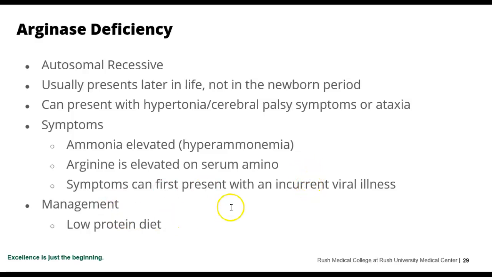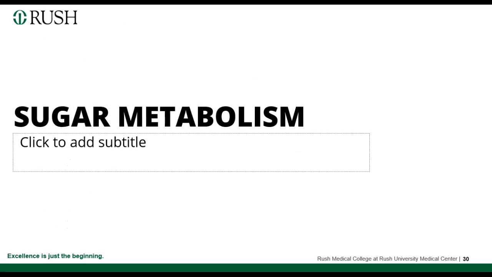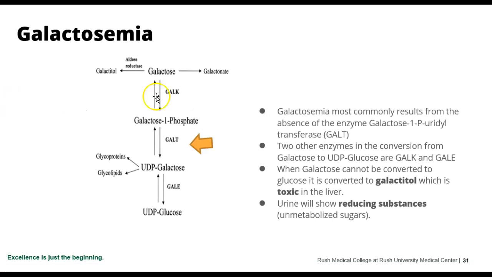More severe symptoms can occur with an intercurrent viral illness. And the treatment is a low protein diet. If we're not very good at getting rid of these proteins, let's limit the amount of protein in the diet. So again, nobody with any type of urea cycle defect should ever be on the ketogenic diet, because that's a high protein diet.